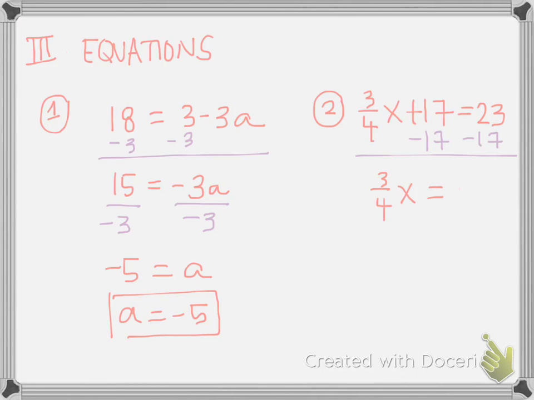Oh, it's the end of the semester. Okay. And then what we're going to do here is that we're going to multiply by 4 over 3. So here x is going to be equal to, 3 goes into 6 2 times, so 2 times 4 gives you a 8.